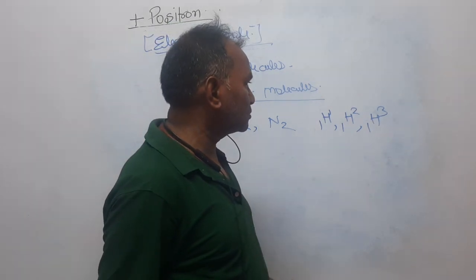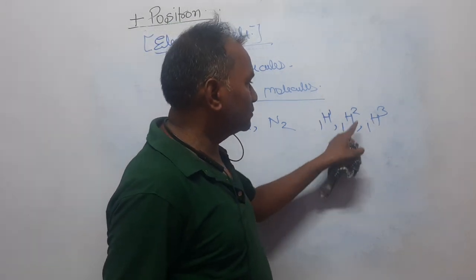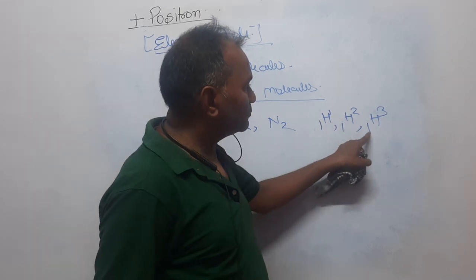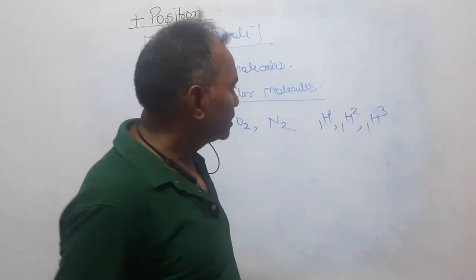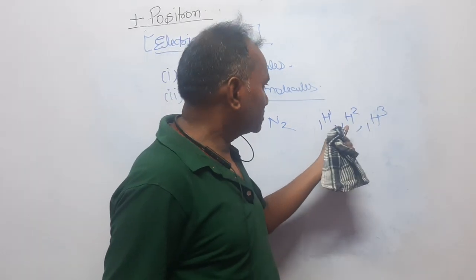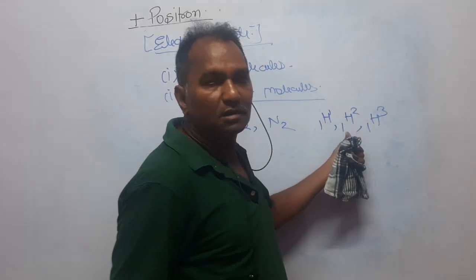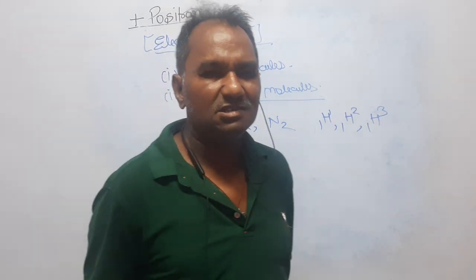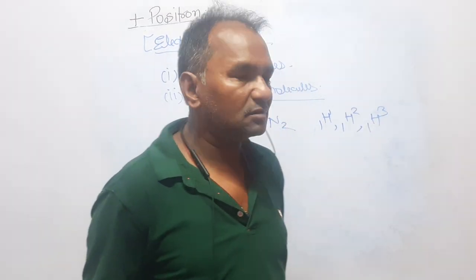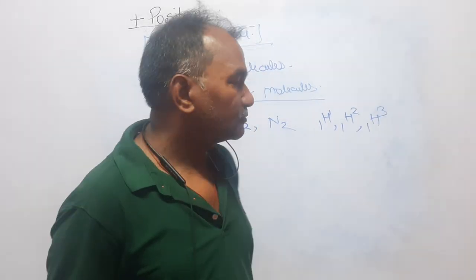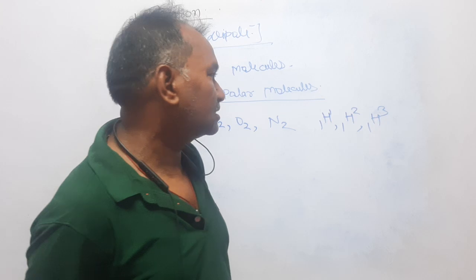Hydrogen has three isotopes: 1H1, 1H2, 1H3. 1H1 is protium, 1H2 is deuterium, 1H3 is tritium. 1H1 is the most abundant in nature. 1H2 is less abundant, and 1H3 is the rarest, less than 1% of the total hydrogen found on the earth.